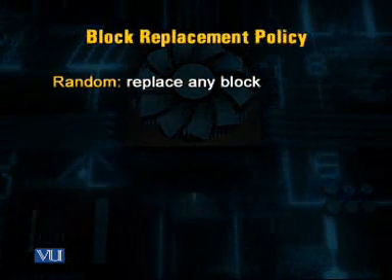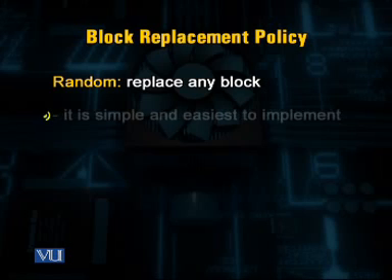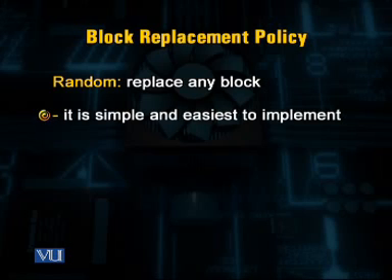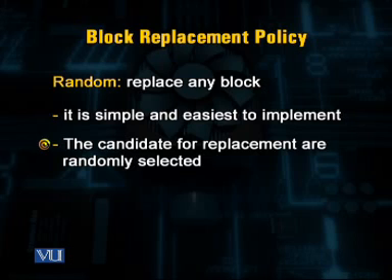The random block replacement policy states that you can select any block randomly to replace it. So in this case, we can say that it is the simplest and easiest possible policy, where the candidates for replacement are selected randomly.